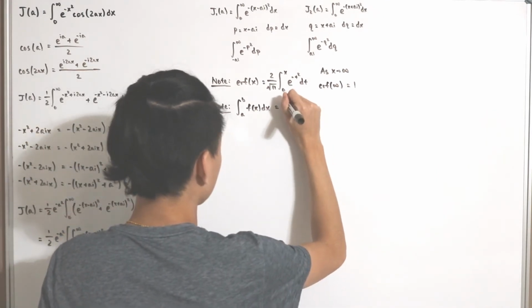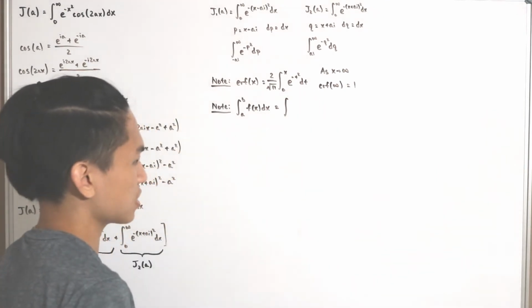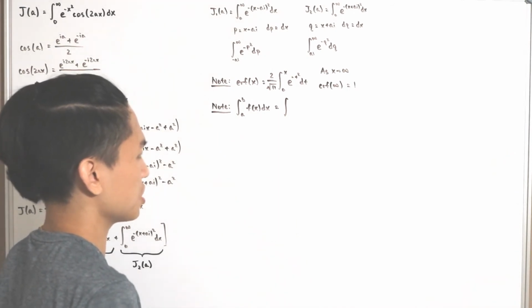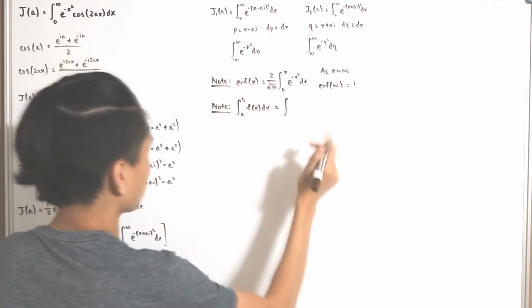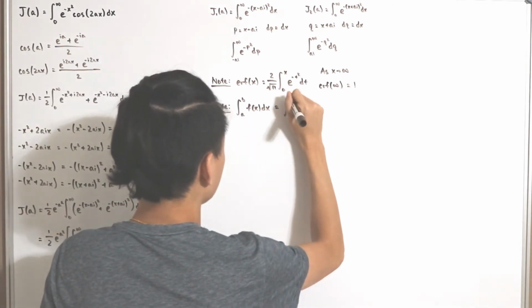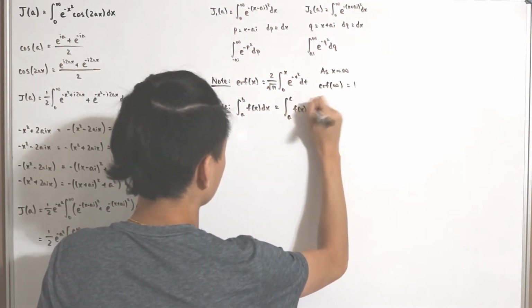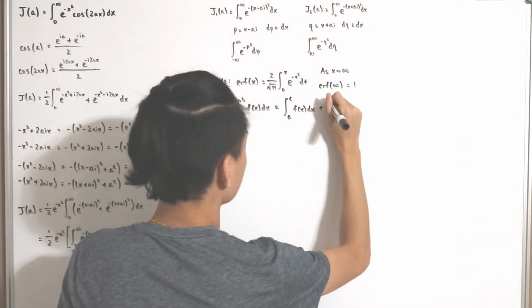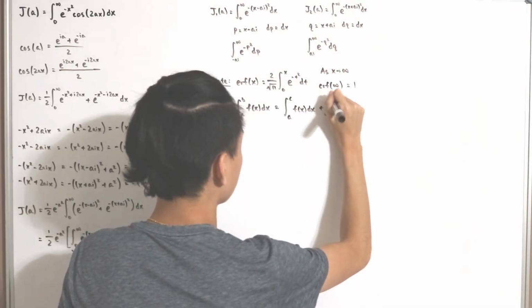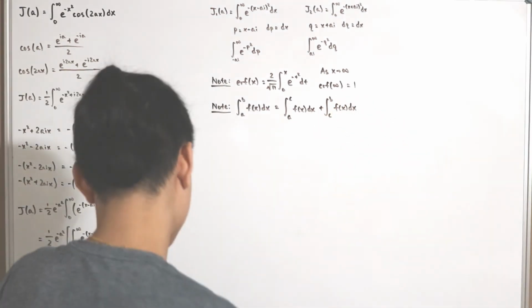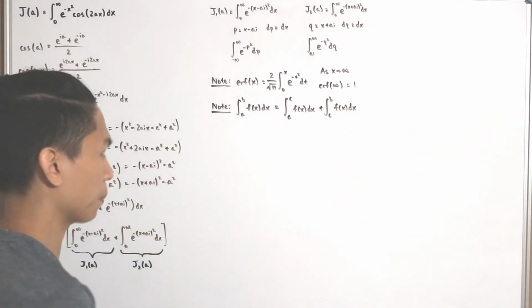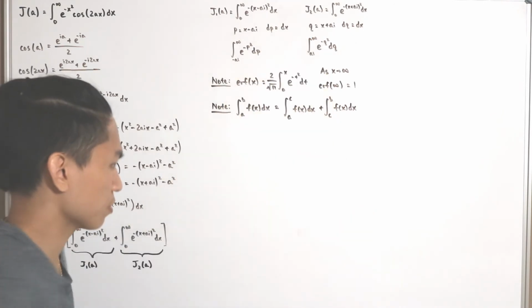Specifically, if a is less than c is less than b, then the integral from a to b of f of x dx is equal to the integral from a to c of f of x dx plus the integral from c to b of f of x dx. That's what we're going to use in order to calculate these two integrals.